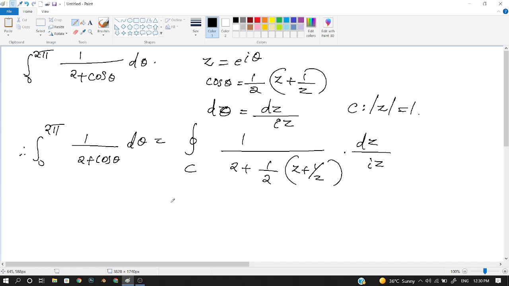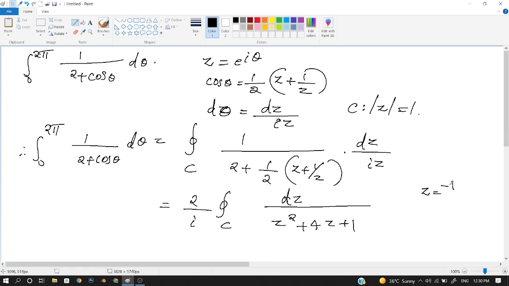Okay, now let us arrange the terms. 2 by i closed integral over C of 1 by z square plus 4z plus 1 dz. Now here we can find out the roots. Roots of the quadratic equation: z equals minus b plus or minus square root of b square minus 4ac divided by 2a.